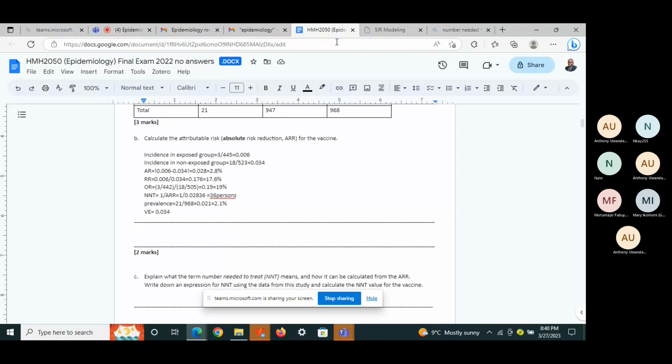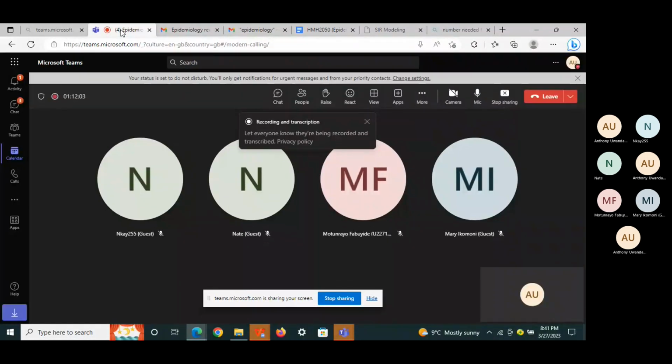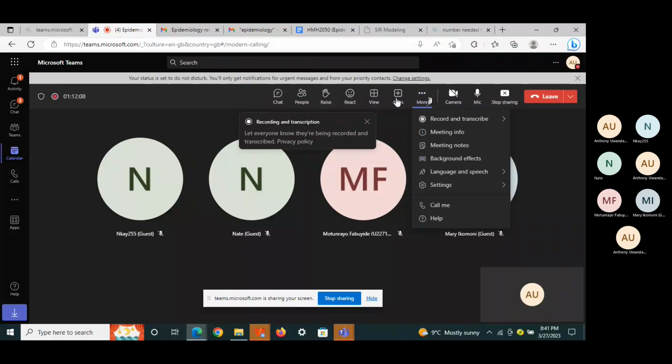Can you see it now? Yes, I can see it. Who is the person that said she cannot see? Clarissa. I don't know if she can see it now. Just check with her on WhatsApp. I hope I'm still recording this. Okay, I'm still recording. All right.